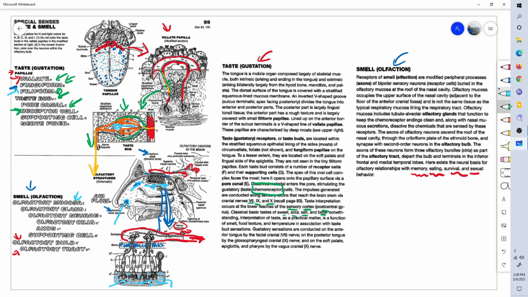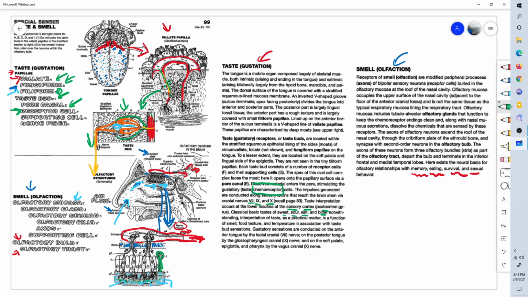The olfactory gland here is a gland that secretes a little substance that travels out, and what it does is clean off the receptors of the nasal mucosa and prepare it for the next smell.